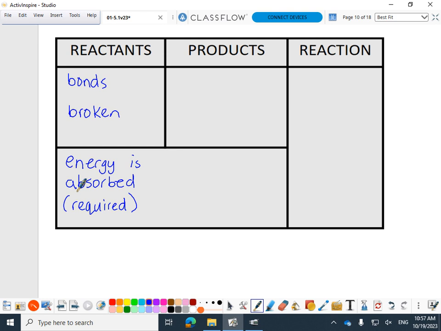And then when you have products, bonds have to be formed. Bonds are formed in products, and energy is going to be released.